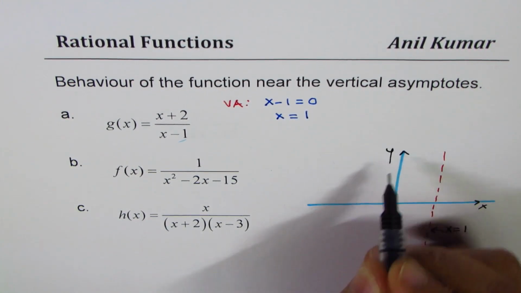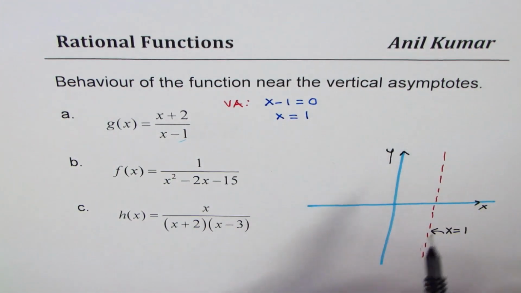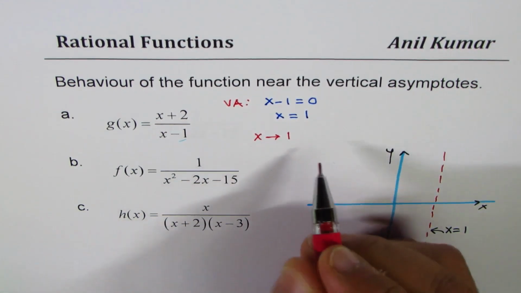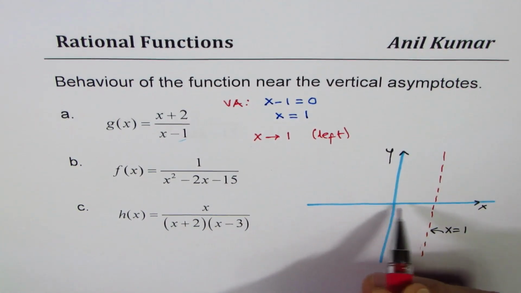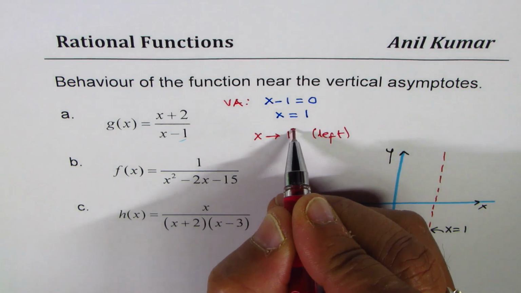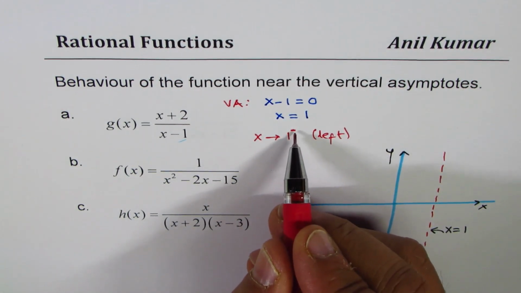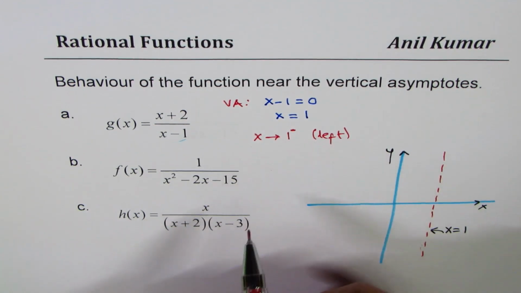Now when we say behavior of the function near the vertical asymptote, we are trying to find what happens if x approaches 1 from the left, that is from this side. We normally write it with a minus as an exponent, so 1 with a minus sign means from the left.